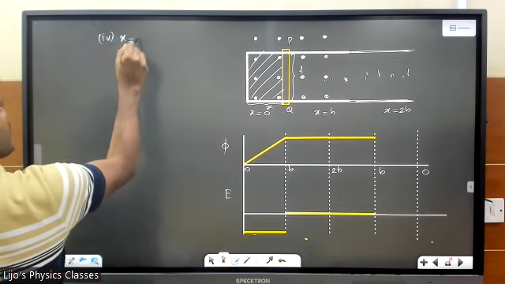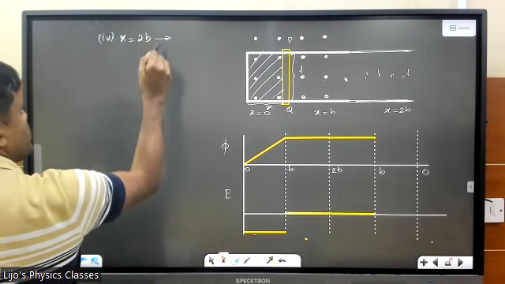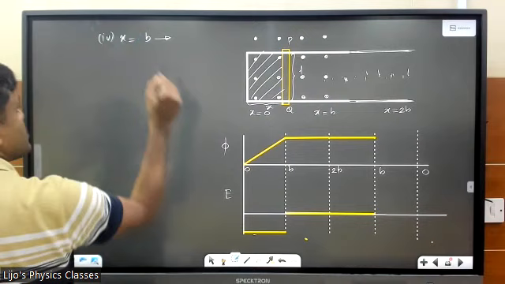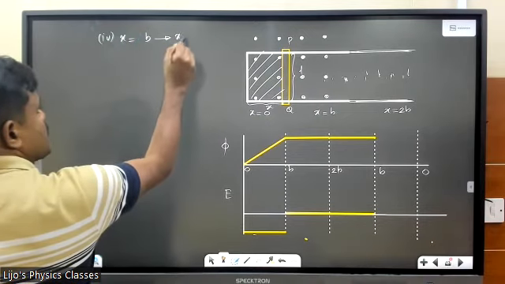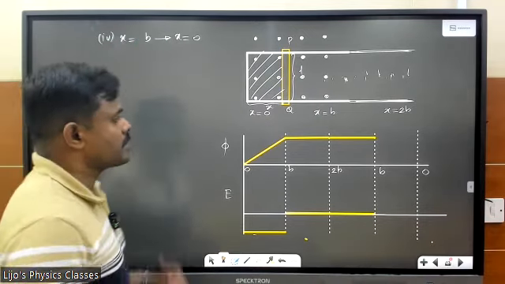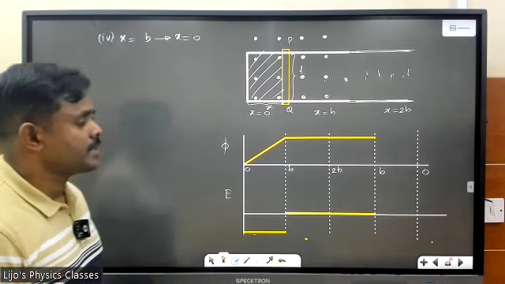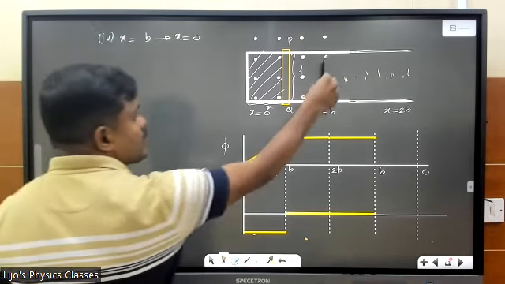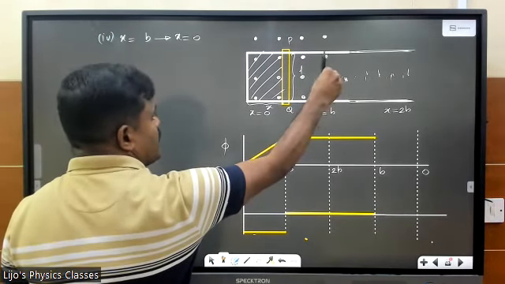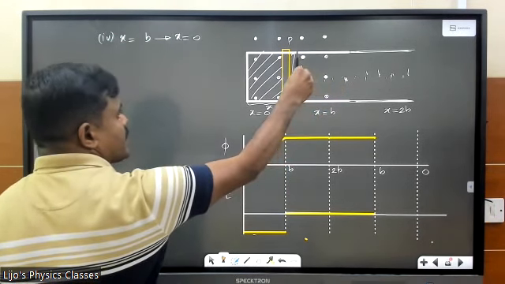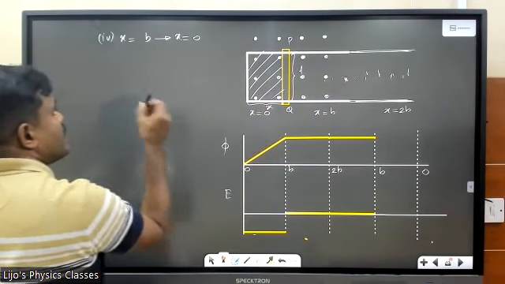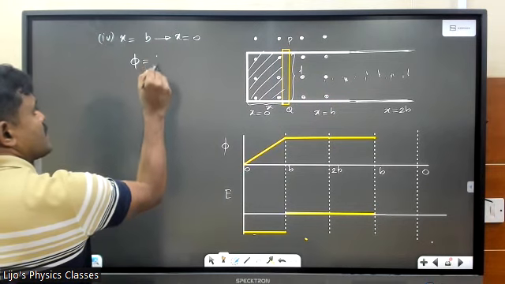So it is moving from x equal to B to x equal to 0. How do we do this now? It's moving back from x equal to B like this. First of all, we can write flux.